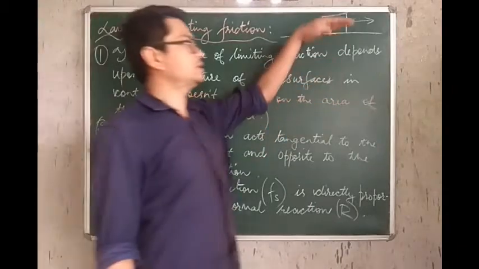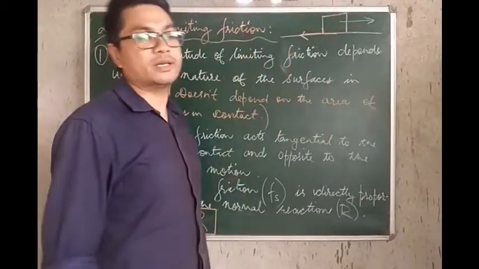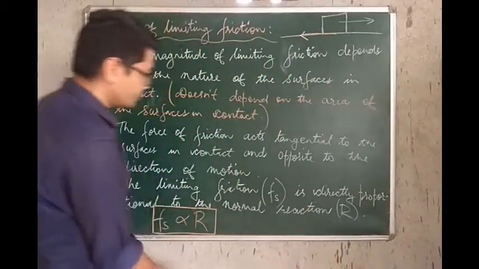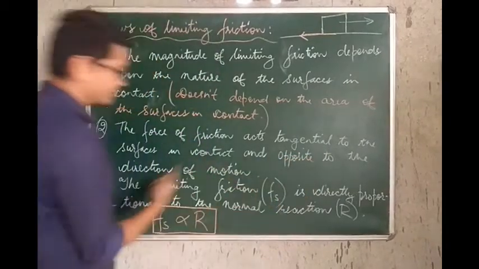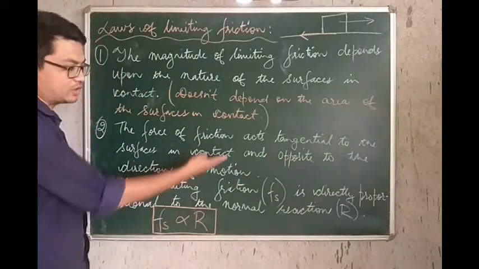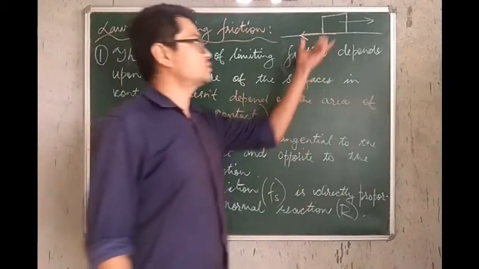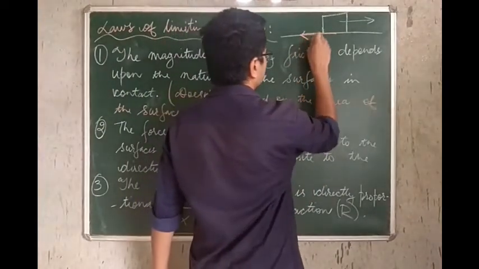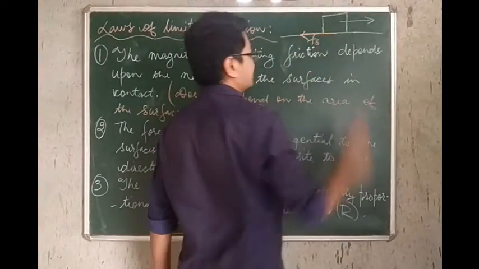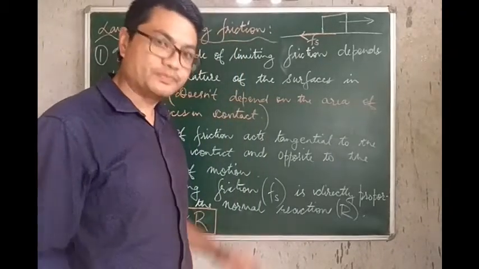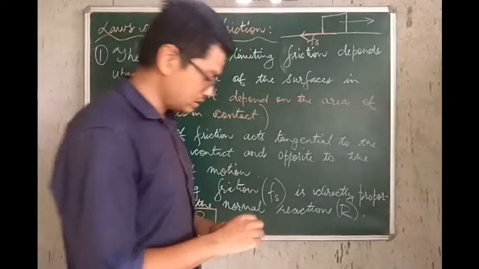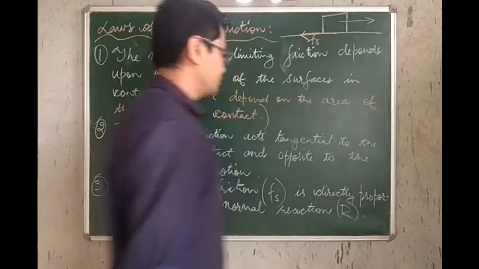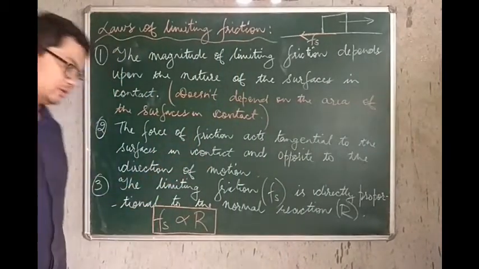Okay, or parallel to the surfaces in contact. And it of course is acting in a direction opposite to the direction of motion of the body. This we've already checked in the last video, and you can check here also. So this is your F of S, which represents your limiting friction, that is the maximum value of static friction, and this is the direction of motion of the body. So this is about the second law.